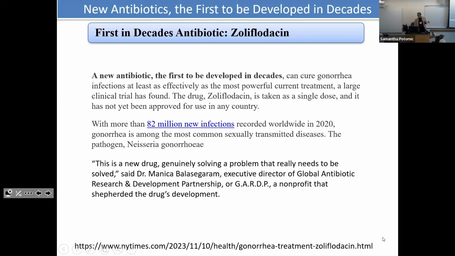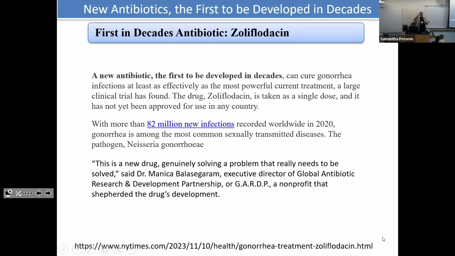So here's the message on the antibiotic front. Assuming you can identify what antibiotics work, which is getting harder and harder, a lot of big pharma is not working on antibiotics, just not working on it. I just got this news clipping from the New York Times where they announced the first antibiotic for gonorrhea, but it's the first to be developed in decades.